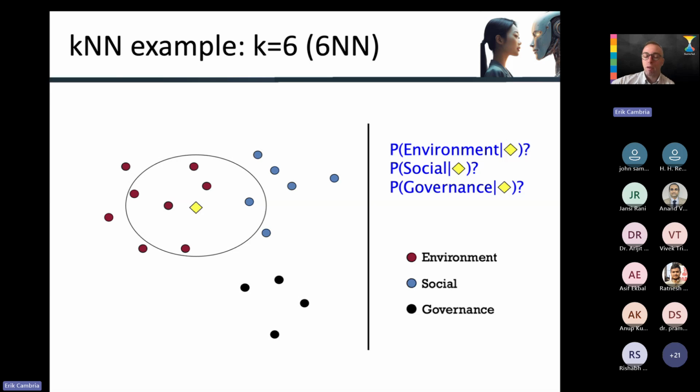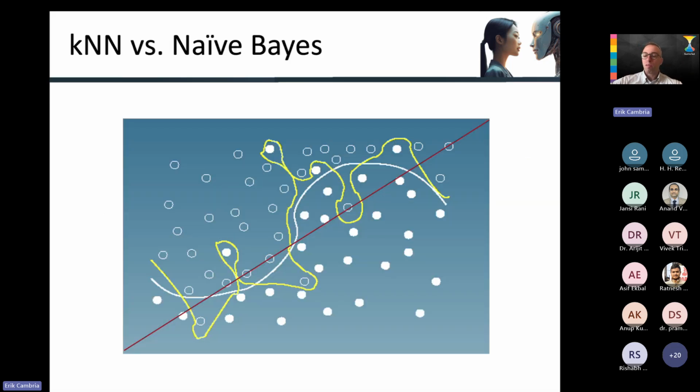And this is a very simple yet effective algorithm that you can use, and it's very different from naive Bayes, because naive Bayes looks at the big picture while KNN is more specific.